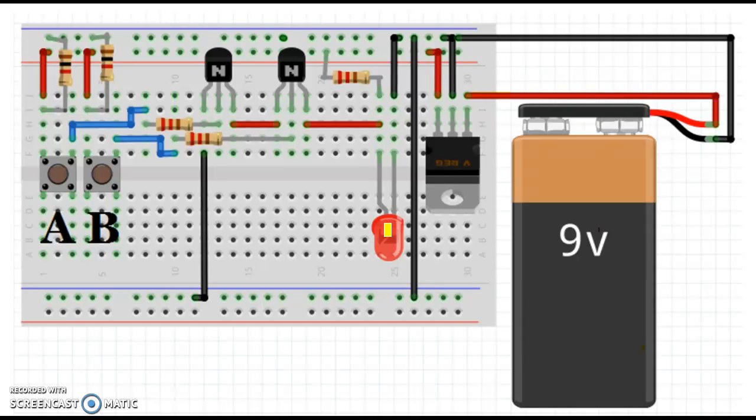So what's going to happen is current is always going to flow from the positive terminal to the negative terminal. So it's always going to flow out of the battery from the red to the black. Current flows along this line and it goes through this heat sink, which I don't really know much about.